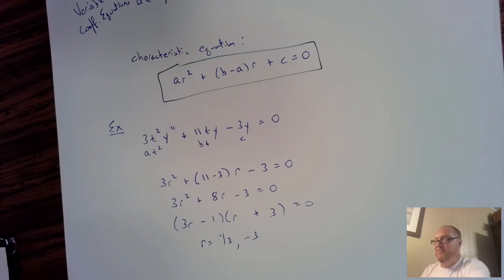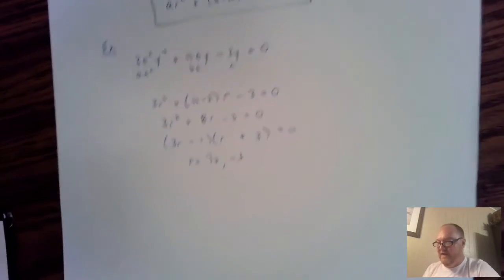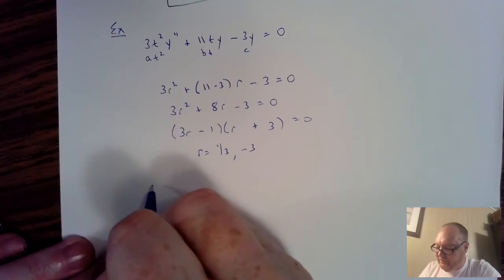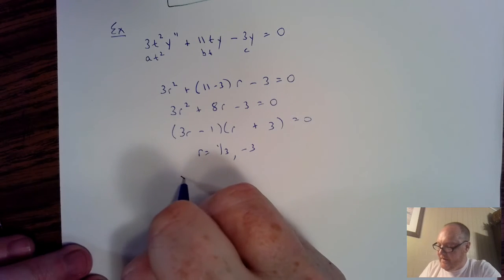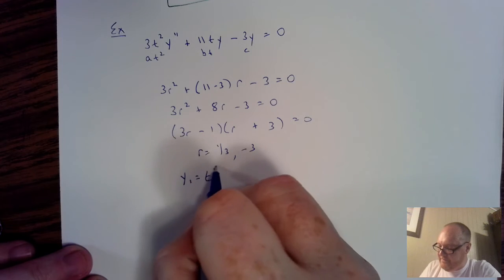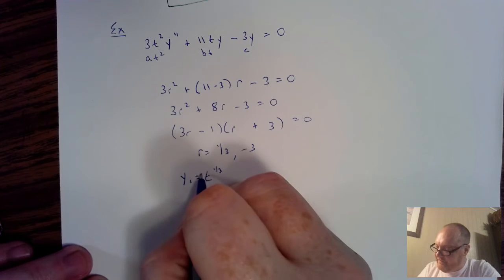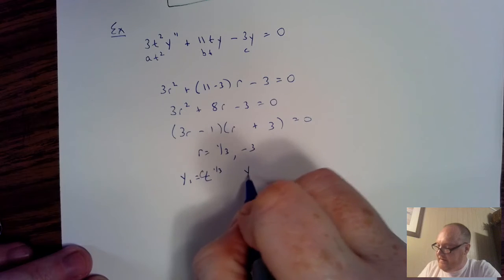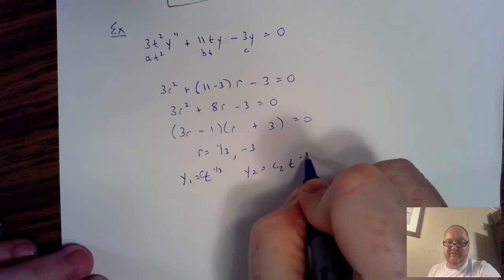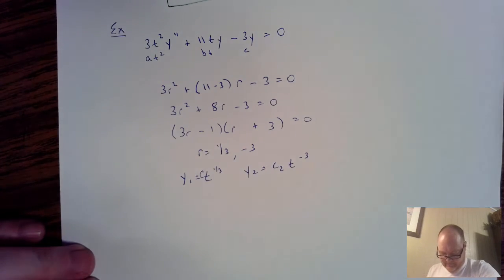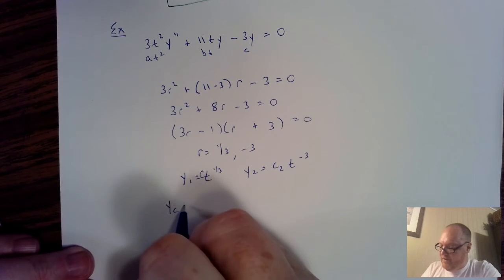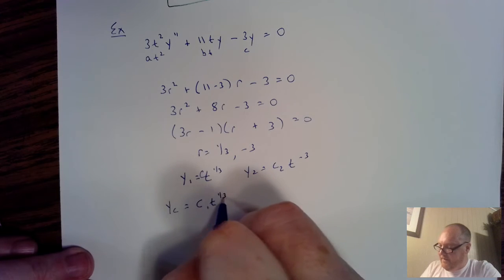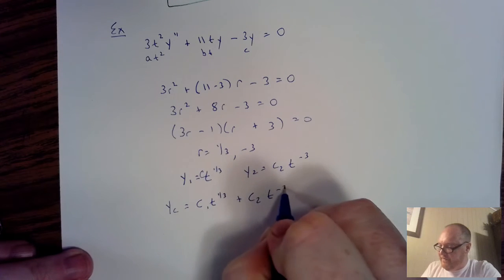Remember, these are a different kind of equation. They've got variables in front, so my solution looks different. These are going to be in the form t to the 1/3, with some constant, and t to the negative 3 for each of those two pieces. My general solution then is c1 t to the 1/3 plus c2 t to the negative 3.